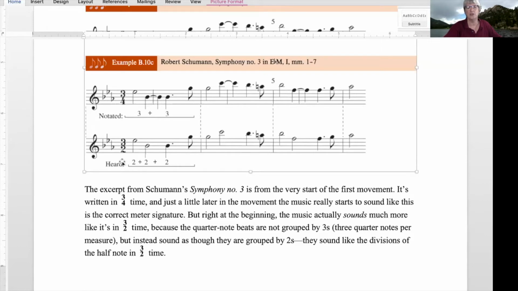In other words, it sounds the way that it's written here on the lower line. Ordinarily, a meter of 3/4 would group 3 quarter notes in every measure. But the way that we hear the opening of this, it sounds like we're grouping 2 quarter notes into larger beat values. So that's another example of hemiola.